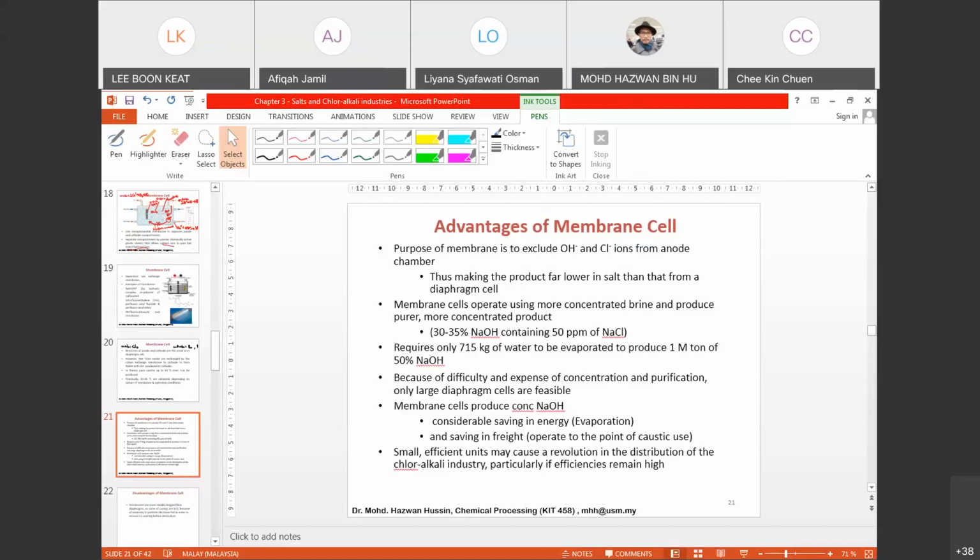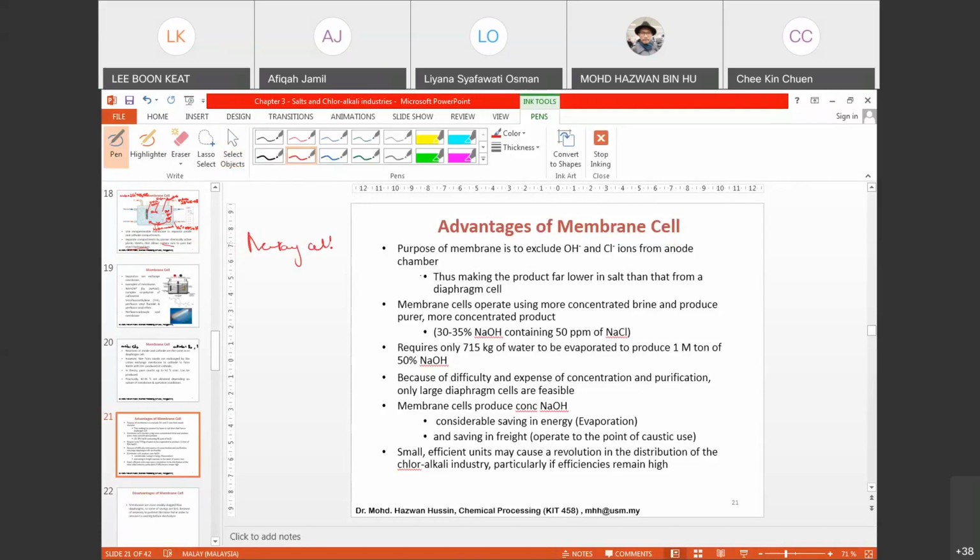It's okay. So the amount of sodium hydroxide produced from the diaphragm cell, again, the mercury cell produces around 50% sodium hydroxide.